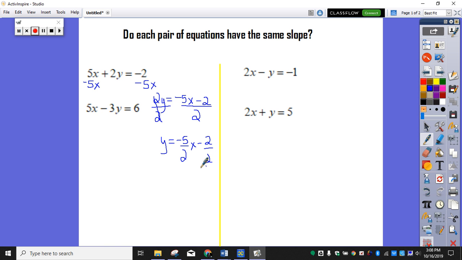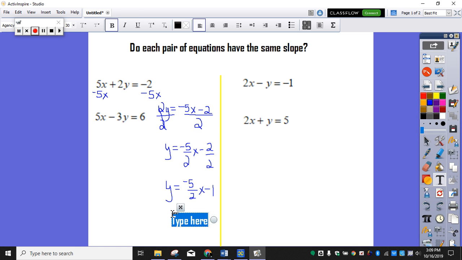And then 2 over 2 divides to 1, so I can clean this up a little bit more by showing that it would be negative 5 over 2x minus 1. So my slope for this first equation here is negative 5 over 2. So I'm going to represent slope with m and say it's negative 5 over 2.